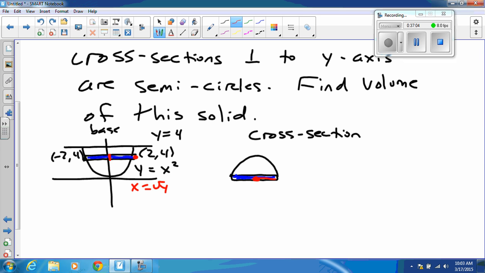It's going to be half the distance across, and therefore radius is equal to the square root of y. Very good. Yeah, that's exactly right.